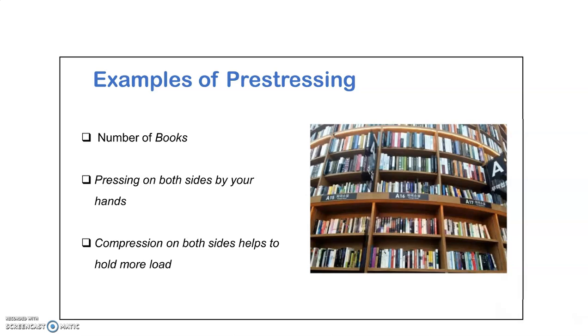Similarly, look here. When I am applying a force on either side of the books, no one can take the book easily, because it is subject to a pre-compression. So this is the same concept used in the pre-stressing technique.